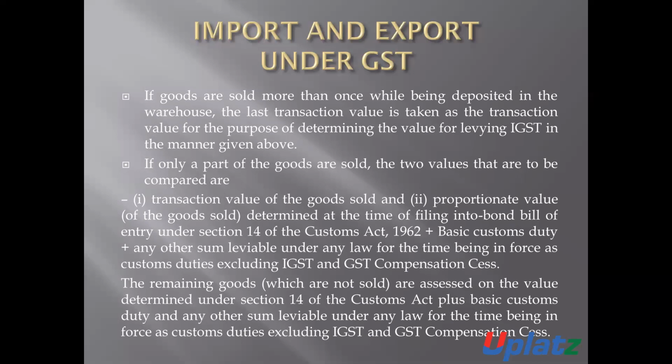The assessable value of the remaining goods is determined according to section 14 of the Customs Act, plus basic customs duty, plus any other sum leviable under any law for the time being in force as customs duty, excluding IGST and GST compensation cess.